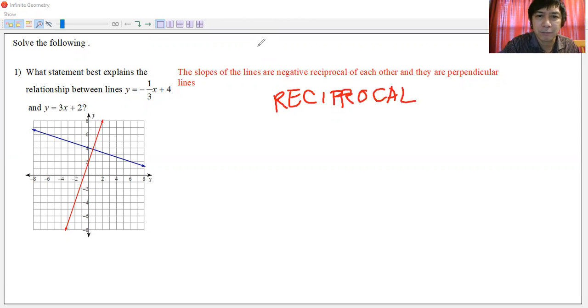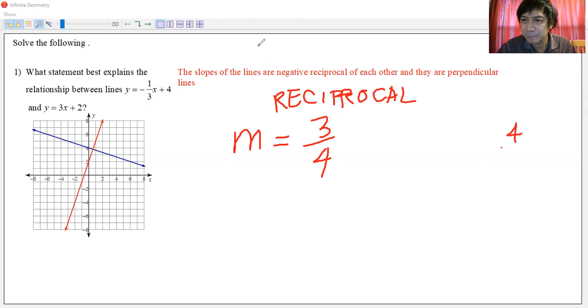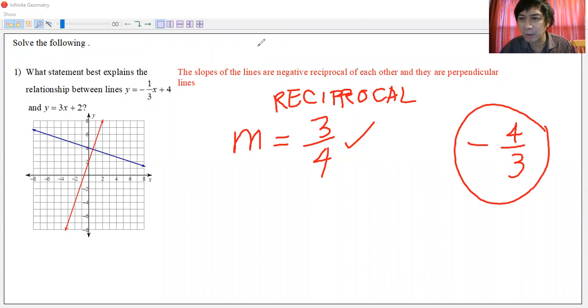Okay, now the slope, say for example, is 3/4. If it's perpendicular, then it's negative reciprocal of this. So the reciprocal is 4 over 3. And you're supposed to negate this. If you negate the positive, then there. This is the required negative reciprocal.